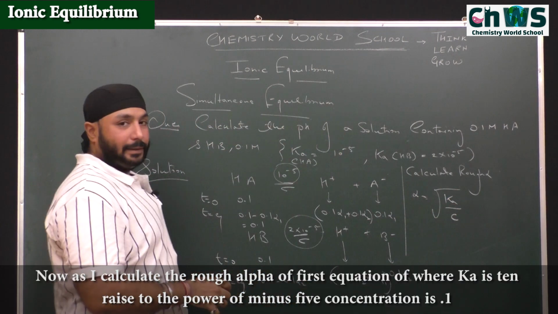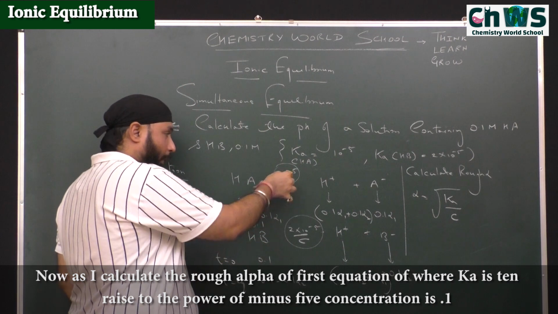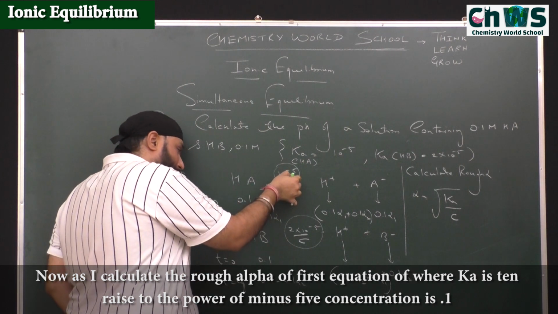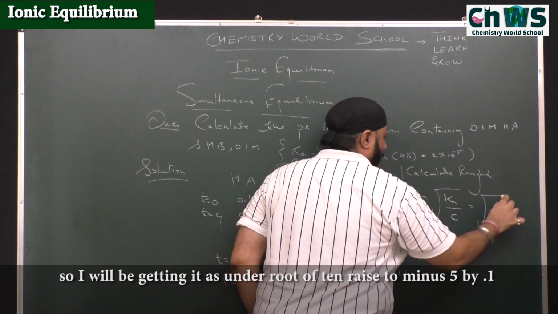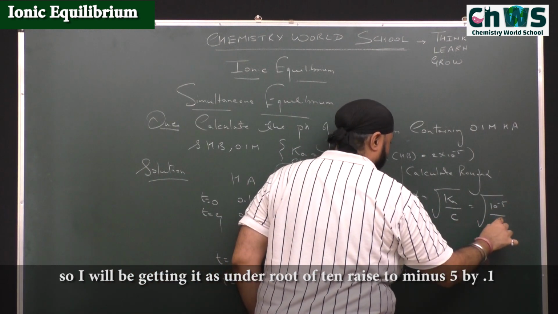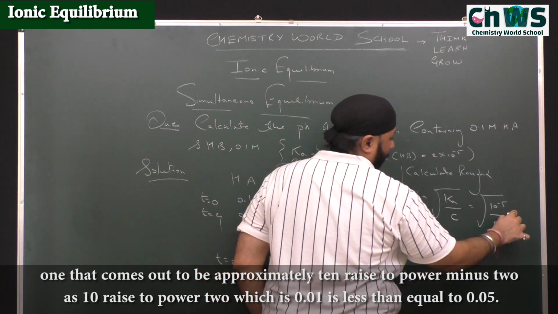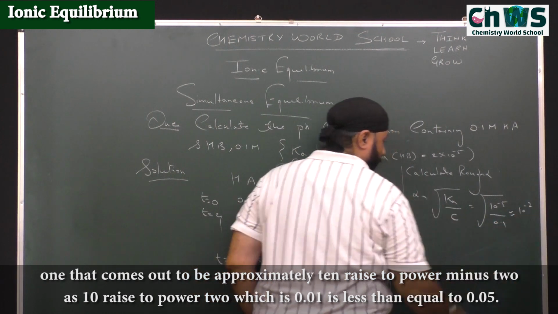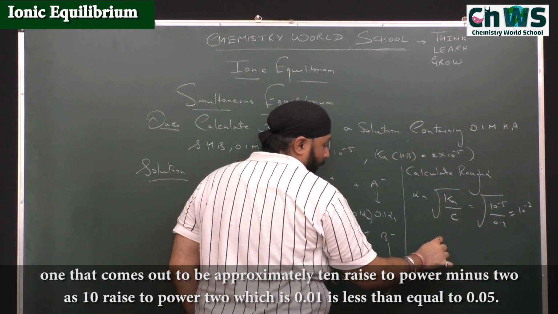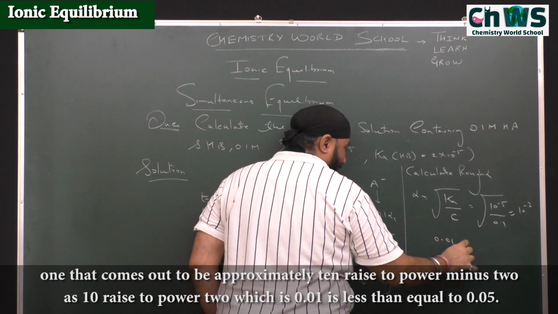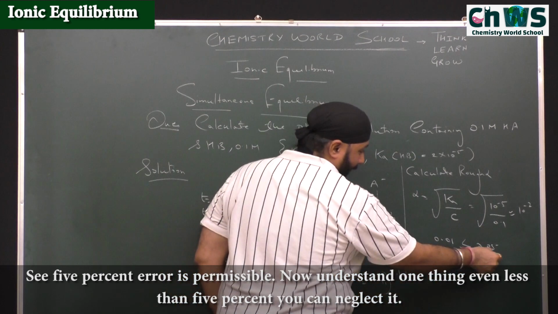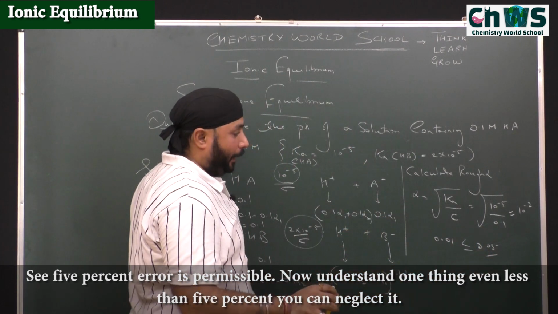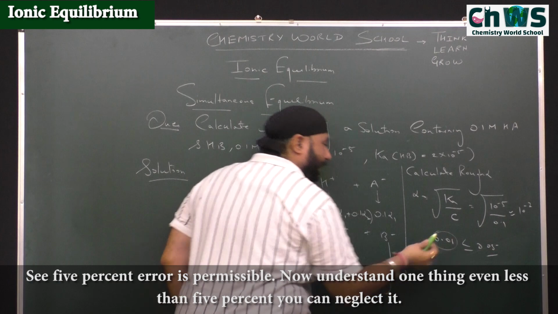If I calculate the rough alpha of the first equation, where Ka is 10 to the minus 5 and concentration is 0.1, I get the square root of 10 raised to power minus 5 by 0.1. That comes out to be approximately 10 raised to power minus 2, that is 0.01, which is less than 0.05. So 5% error is permissible. If it is less than 5%, you can neglect it.